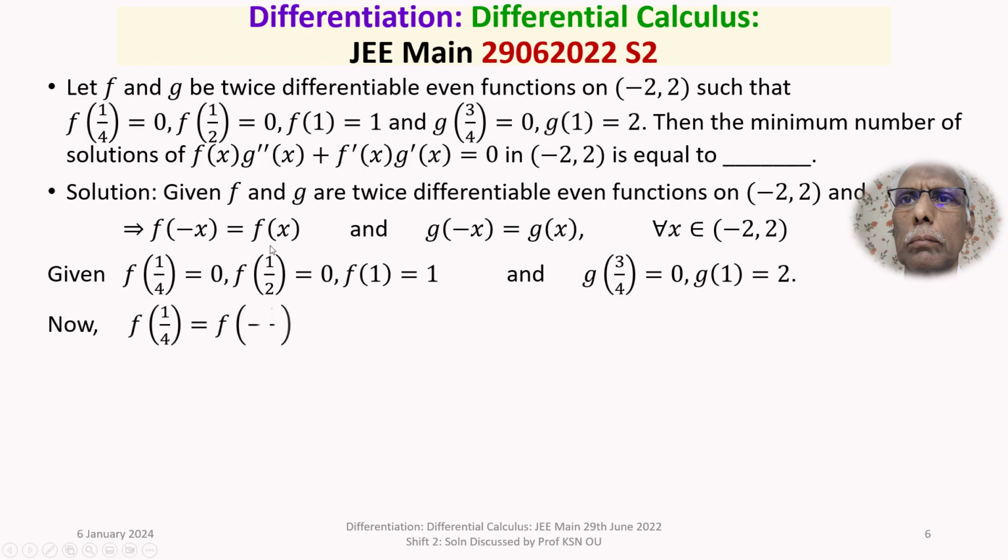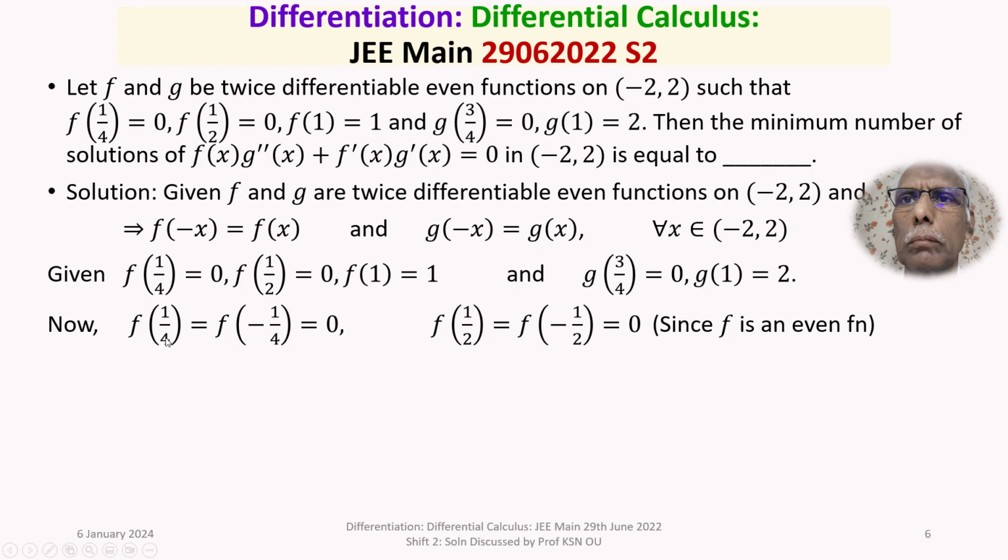So we use the even nature of the functions. f of 1/4 is equal to f of minus 1/4 is equal to 0 because f of x is equal to f of minus x, since it is an even function. So also for 1/2, f of 1/2 is equal to f of minus 1/2 is equal to 0 because f is an even function.